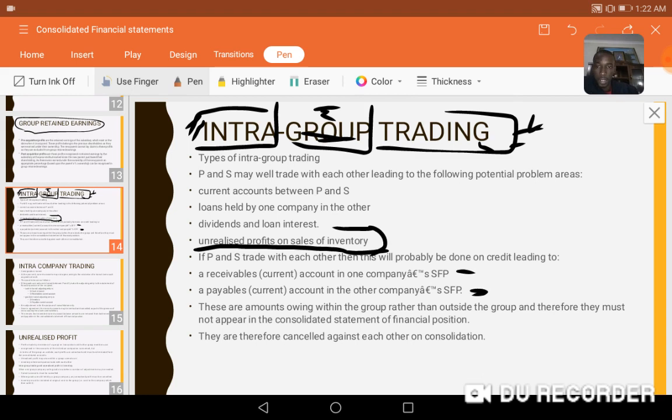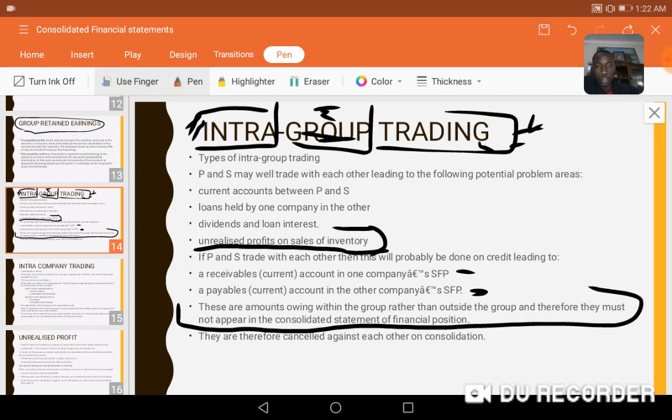But these amounts owing within the group, remember the word intra, within the group rather than outside of the group, must not appear in the consolidated statements.